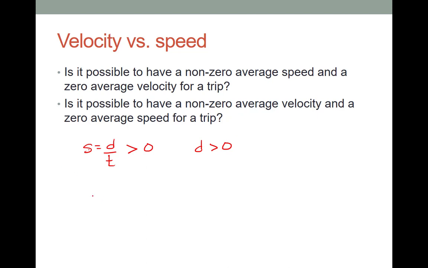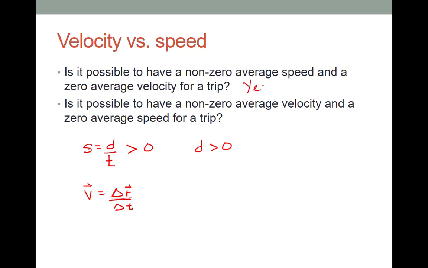For average velocity, that is a change in position over time. So now the question we have to ask is: is it possible for us to have gone some distance but not have a displacement? And the answer there is yes.